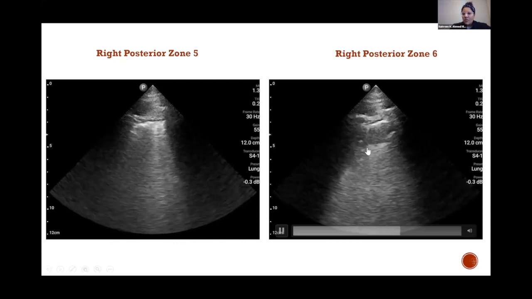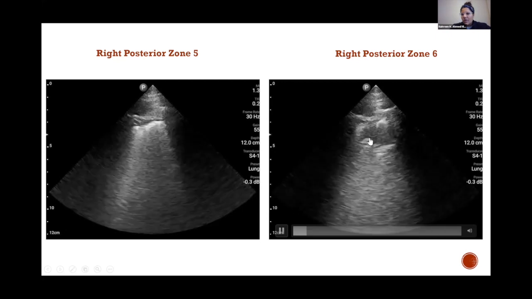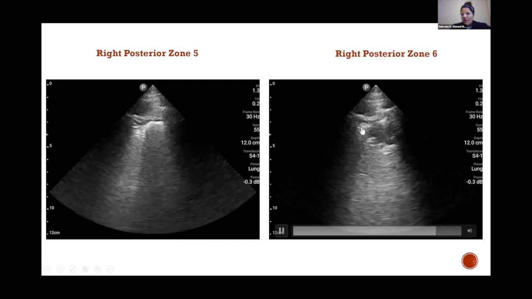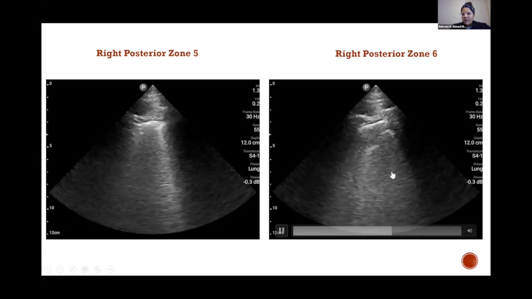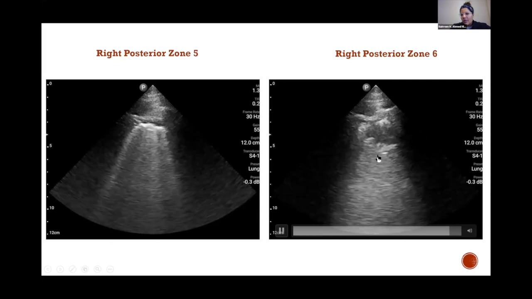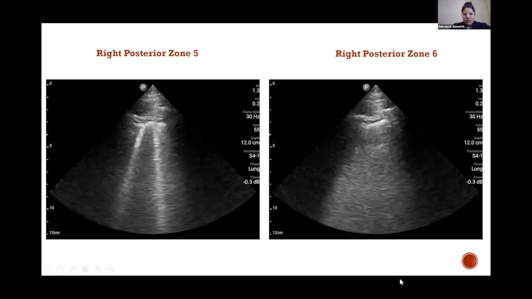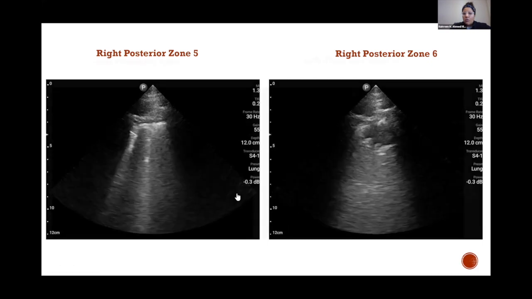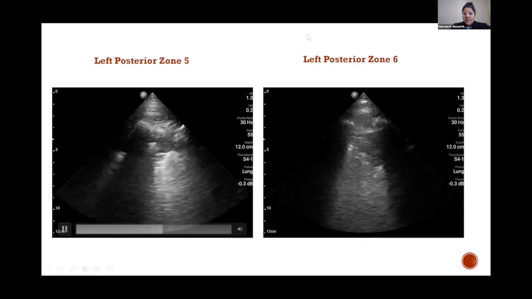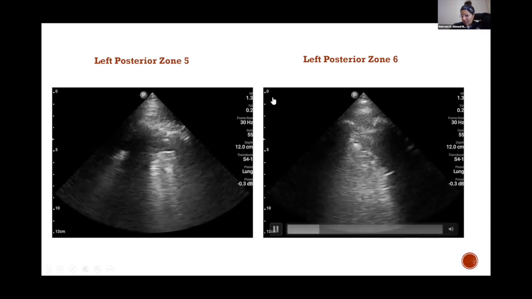And again, on the right side, in the right posterior zone 6, you are seeing this area of consolidation here as well in an abnormal pleura. Okay, and again, you're seeing some scattered B lines here coming from the pleura itself, and then you're seeing this consolidated area right here. And these are all COVID positive patients that Gigi had taken these lung ultrasound scans on.